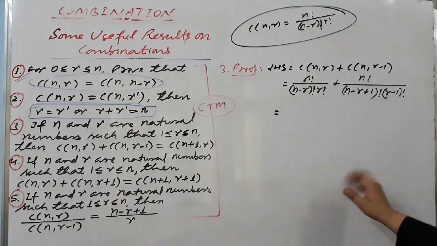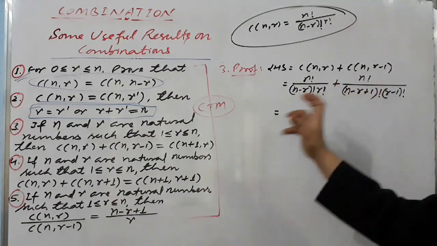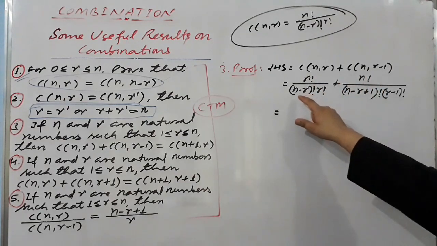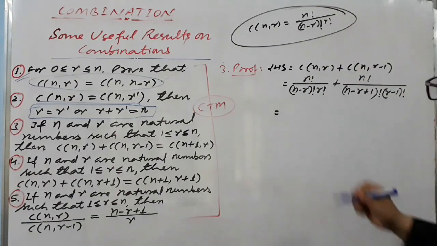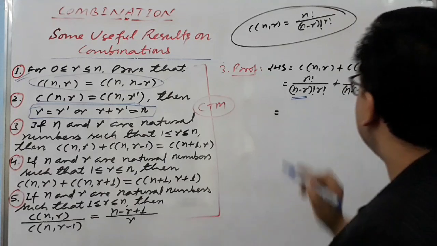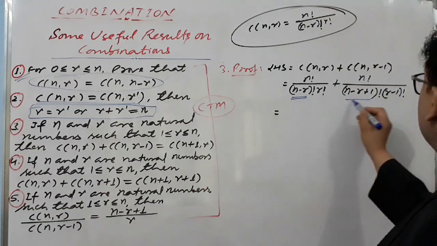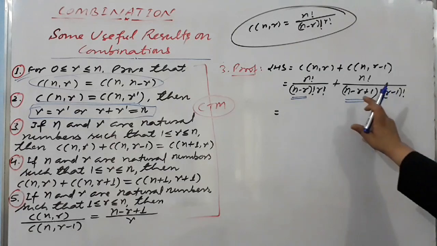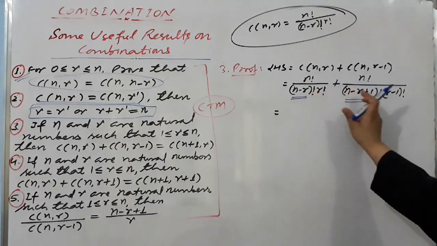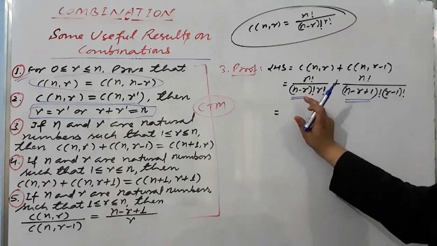Now see here, n factorial is in the numerator, so we can take it common. Now see very carefully, here n minus r factorial, and here n minus r plus 1 factorial. Here n minus r plus 1 is greater than n minus r.